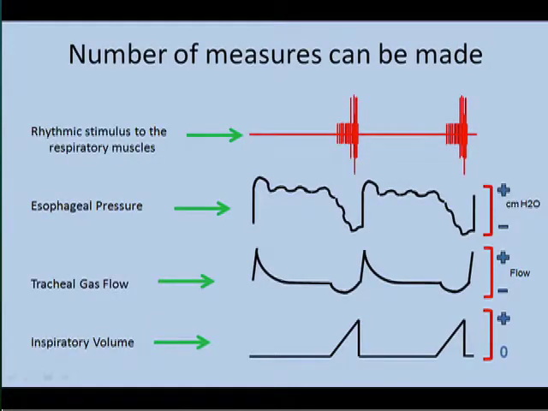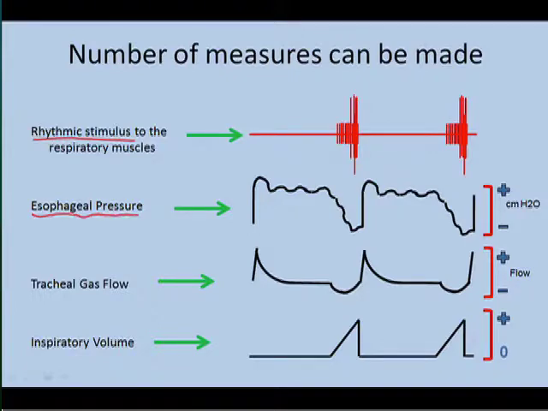There are a number of measurements we can make on the sleeping patient. With an electrode pinned to the diaphragm, we can monitor when it receives signals from the phrenic nerve to contract. You will remember that the esophagus is in the thorax and subject to the same pleural pressure changes that lead to lung inflation.